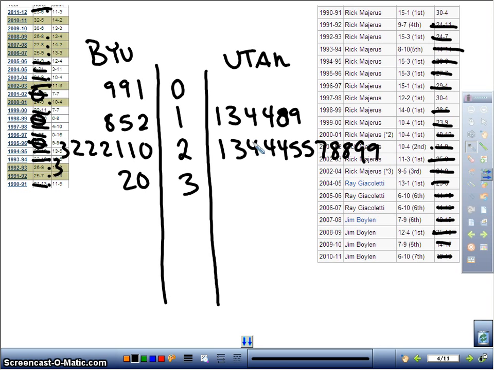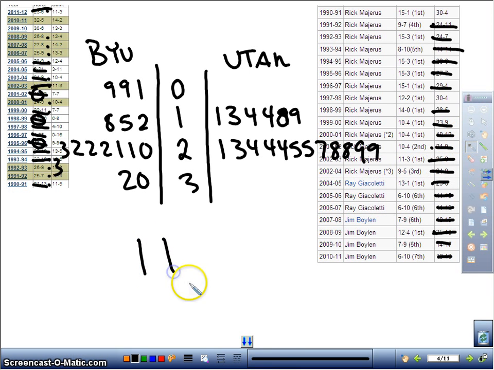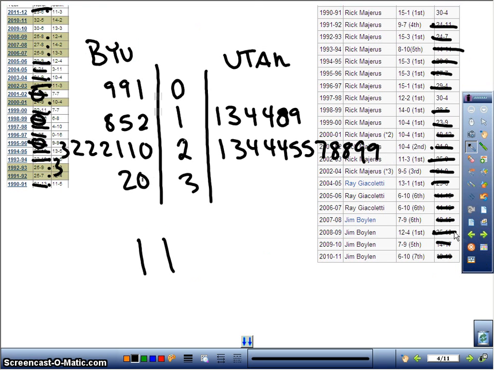So when you go to make your key, you draw your key like this. You say, okay, and I put both lines on it. Remember last time I only put one line. You put both lines on there, and you say, okay, so 1, 1 means 11.